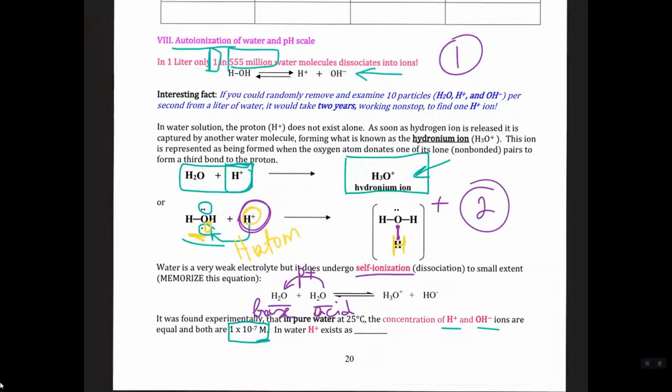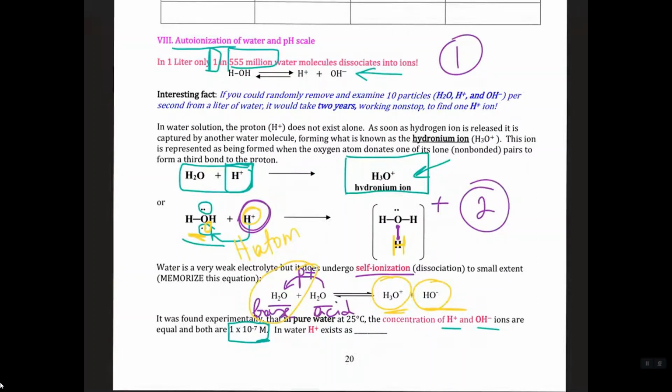So look what happened. My base that took the proton became hydronium ion. And what's left of my acid, if it gave a proton, is negatively charged hydroxide ion that's left in its place. So you are going to, as I said, produce those two species, hydronium ion and hydroxide ion.